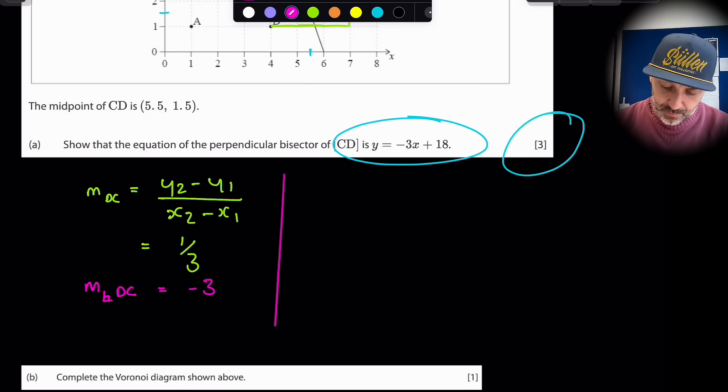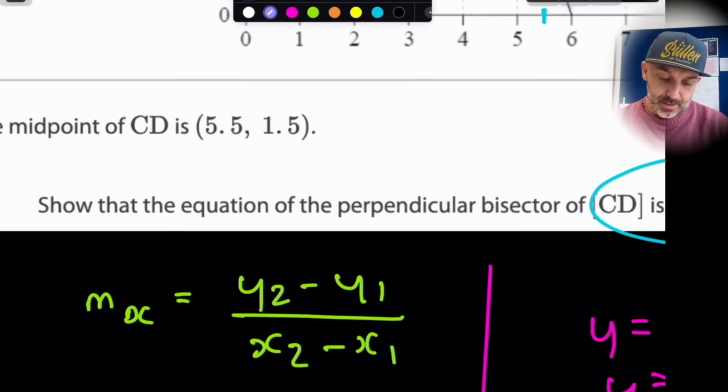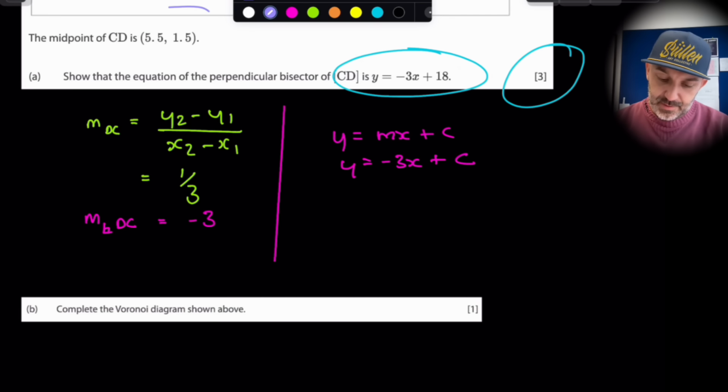So now we have y equals mx plus c, and we have just found that the gradient of the perpendicular must be -3, so this will get you points. We also know that one of the points it passes through is the midpoint, (5.5, 1.5). So when x is 5.5, y is 1.5.